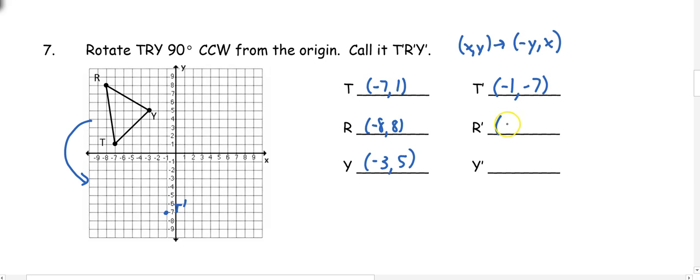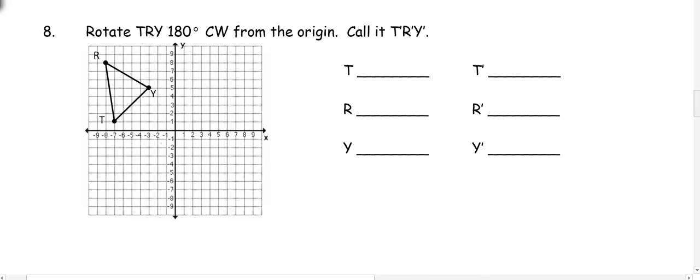R prime is now at negative 8, negative 8. For Y prime, I'm going to switch and take the opposite, so this becomes negative 5. The x stays as negative 3. So negative 5, negative 3. And I've now formed my triangle.